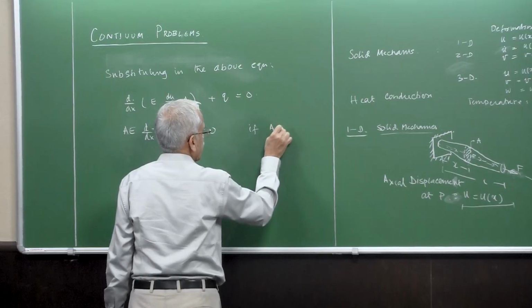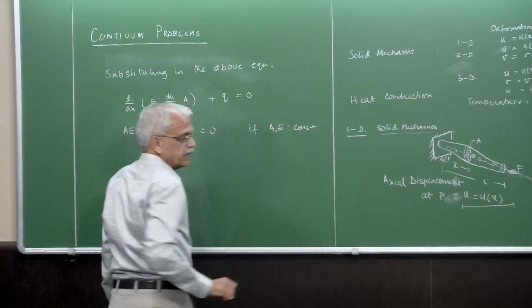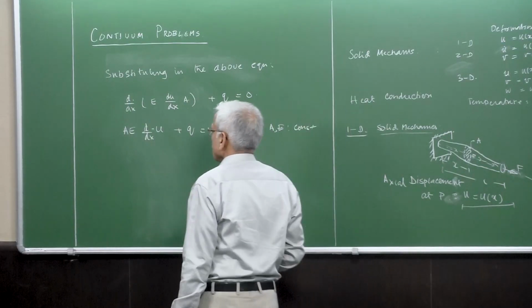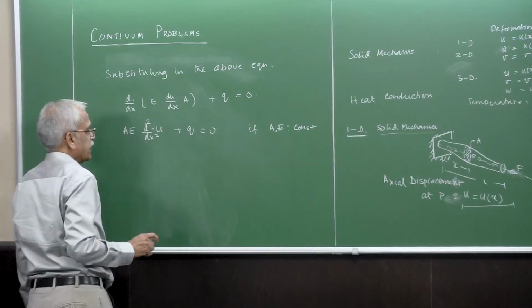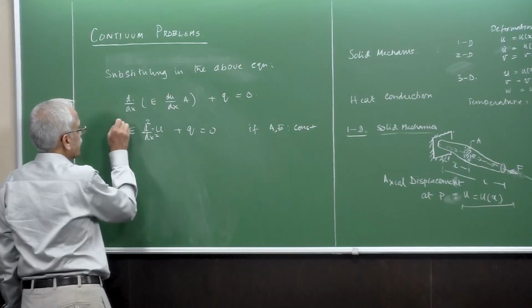Otherwise, you can leave them inside the bracket. So this is d squared u by dx squared. This is the typical equation.